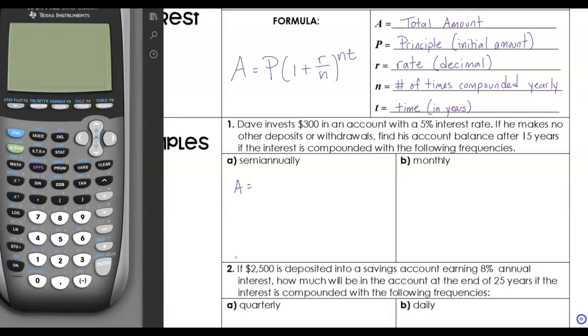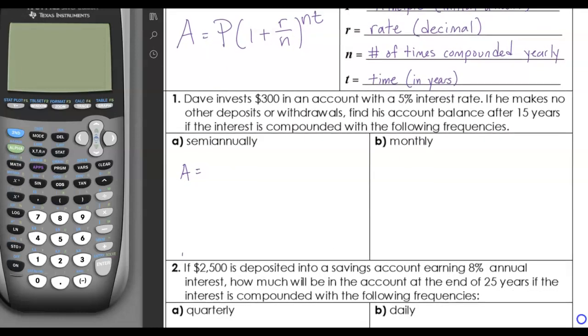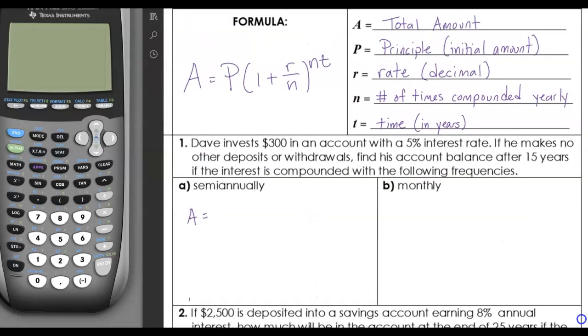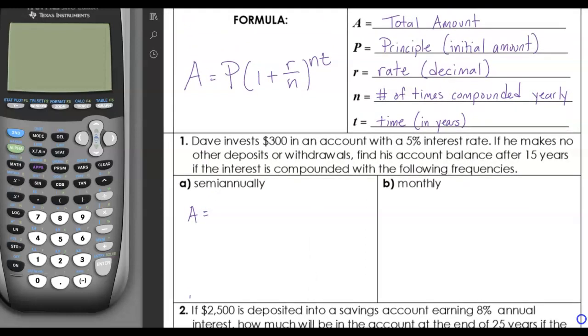What is our principal in this problem? Yeah, it's that $300 amount that Dave invests. That's what we put as our principal, our initial amount. Then we have 1 plus. Now, what is our rate? 5%.